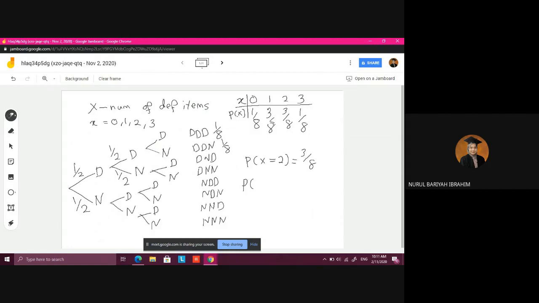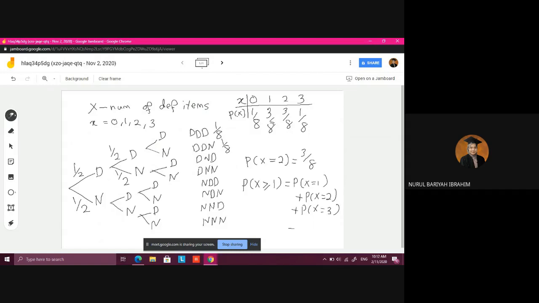So contohnya soalan tanya lagi, find the probability at least one of the item is defective. Okay, so at least one of the item defective will be sekurang-kurangnya 1. It will be more than or equal to 1. Tetap, at least one defective. So it will be probability of x equal to 1 plus probability of x equal to 2 plus probability of X equal to 3.